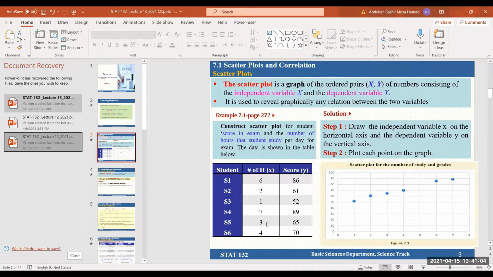Till the last one, which is 4 with 70. This is what we call a scatter plot. The scatter plot gives us some indication about the existence of a relation. Does a relation exist? Yes, and this relation looks positive.